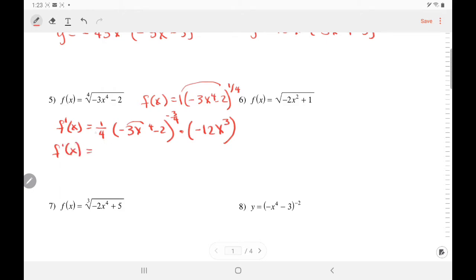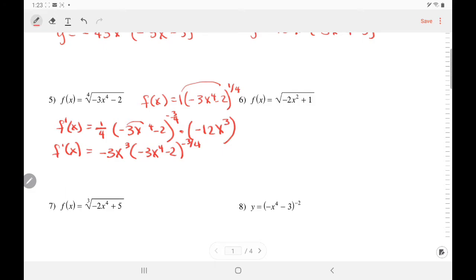We need to distribute the 1/4 here. 1/4 of negative 12 is negative 3. You can think of it as negative 12 divided by 4. x cubed, (negative 3x to the 4th minus 2), and keep the same power.